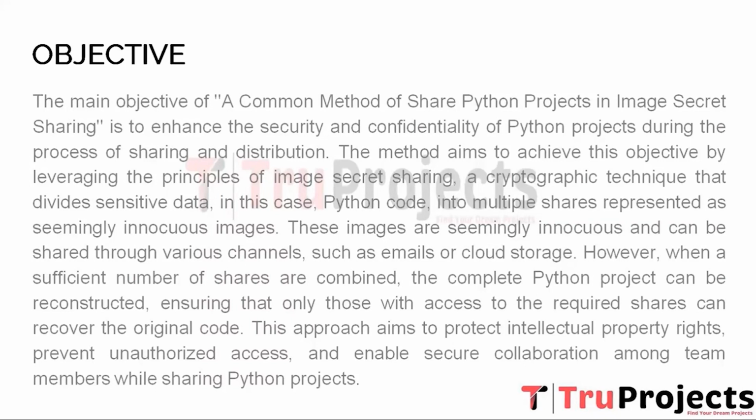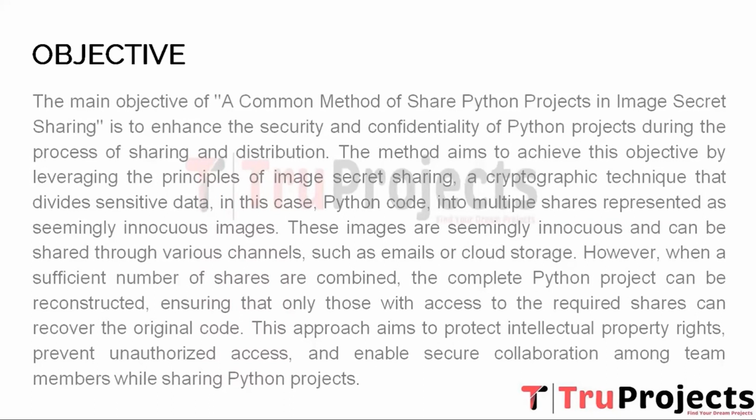This approach aims to protect intellectual property rights, prevent unauthorized access, and enable secure collaboration among team members while sharing Python projects. The specific objectives of this method include confidentiality: ensuring that the shared Python code remains confidential and accessible only to authorized individuals or recipients.